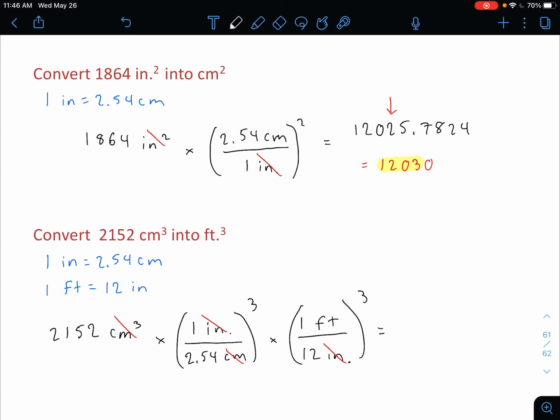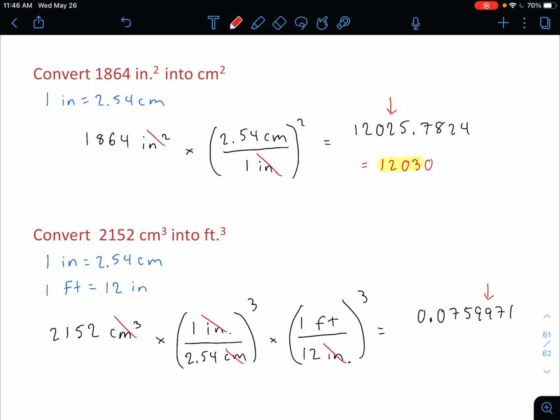So it's 2152 divided by 2.54 cubed divided by 12 cubed. In this case, my calculator gave me 0.0759971, etc.